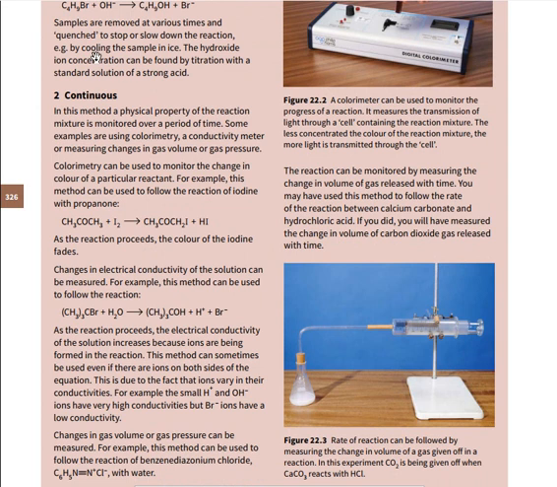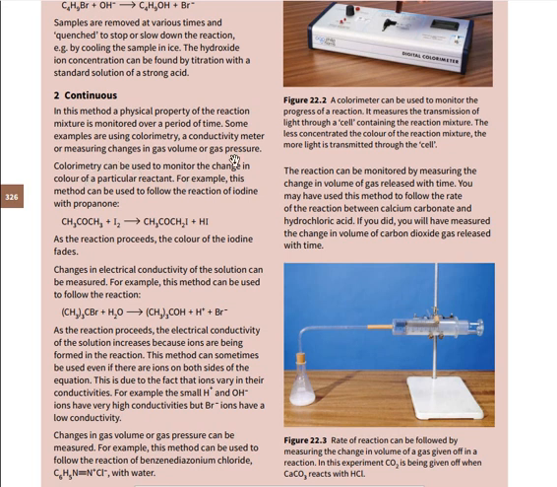The other method is continuous. In this method, a physical property of the reaction is monitored over a period of time. Some of the examples are colorimetry, conductimetry, or measuring gas volume or gas pressure, in cases where gas is being evolved.